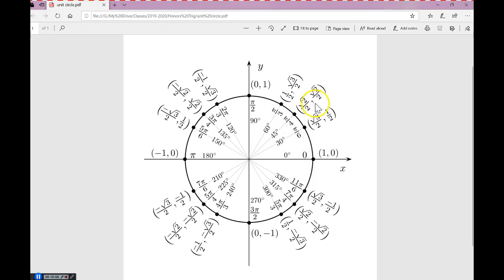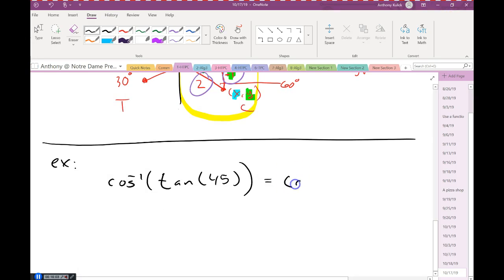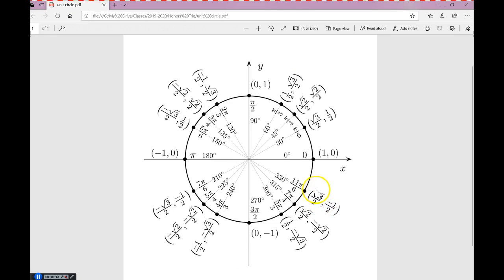So the tangent of 45 is sine over cosine. So what's the tangent of 45? 1. And then using method 1, I could go to my unit circle and find all the places where cosine is equal to 1. Well, there's only one location, at 0.